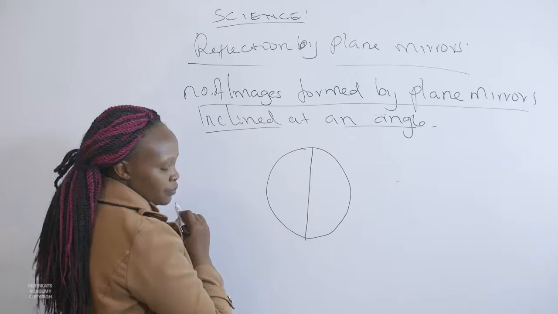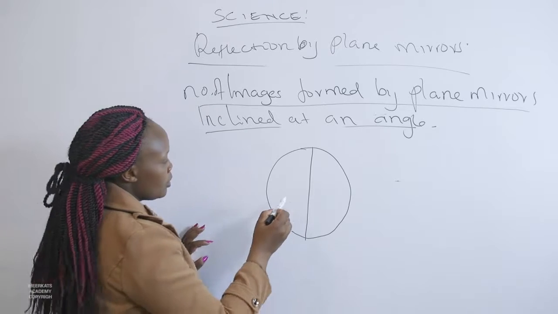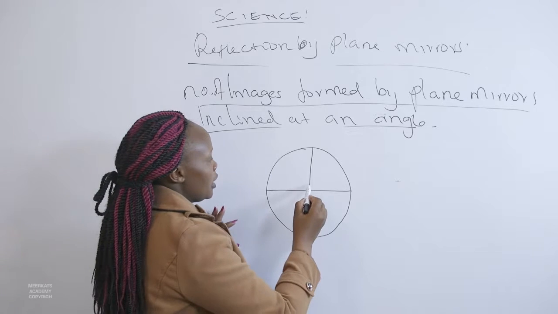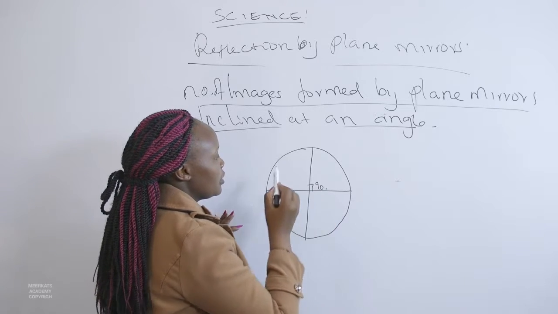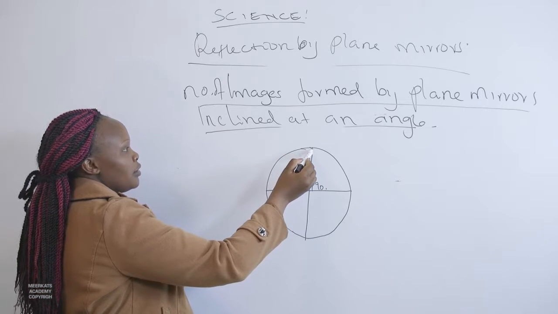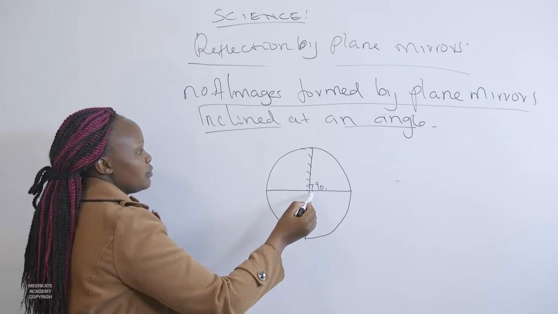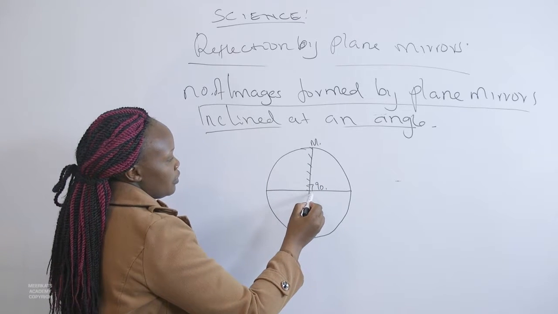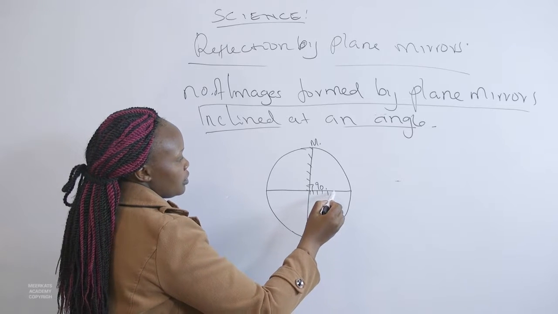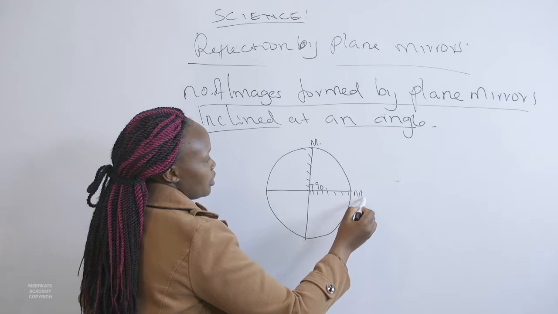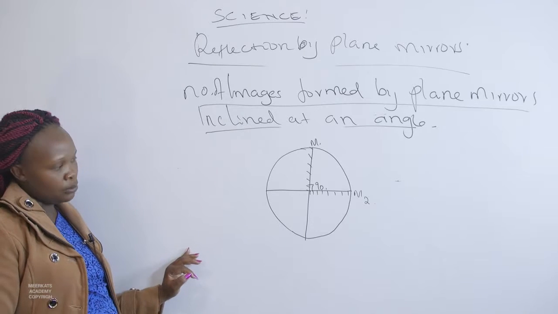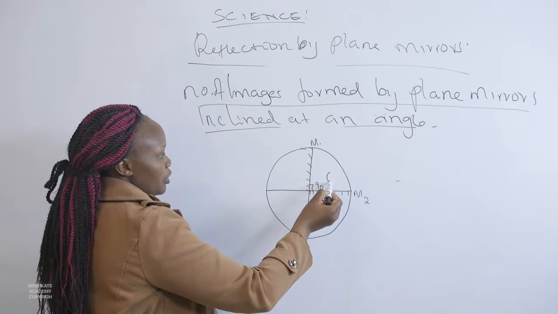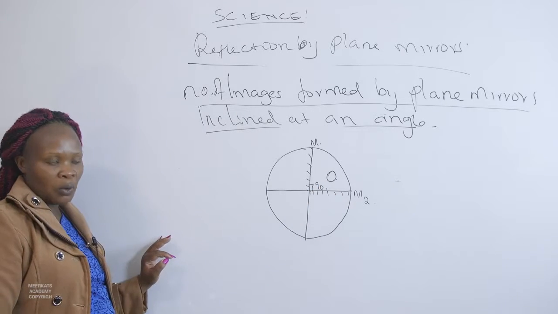So that now we have, or we can start by an angle 90. 90, we have a mirror there, which we call mirror 1. Then we have another mirror here, which we are going to call mirror M2. Then we have an object at this point, which we call O.